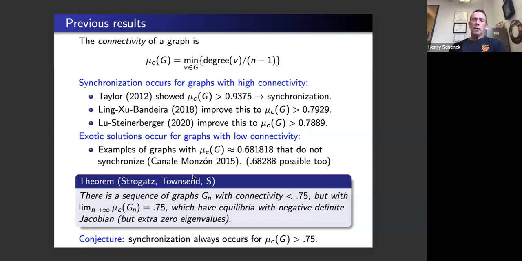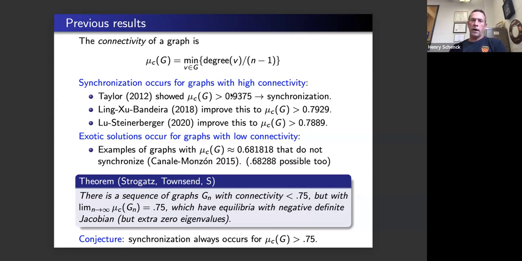All right. So the research in dynamical systems has indicated that when a graph has high connectivity, you have synchronization. And remember, synchronization says that the only stable solution is this all-in-phase solution when all the angles are equal.